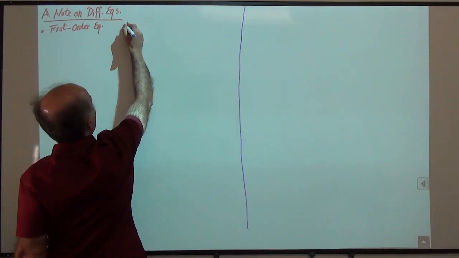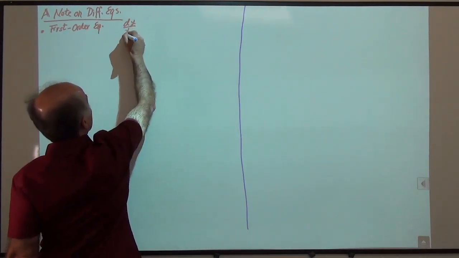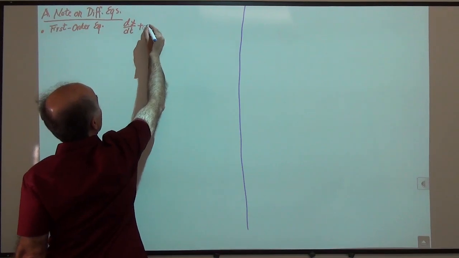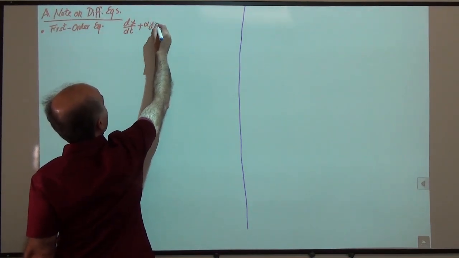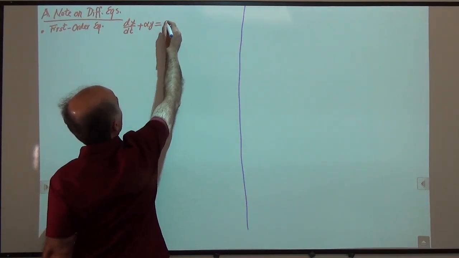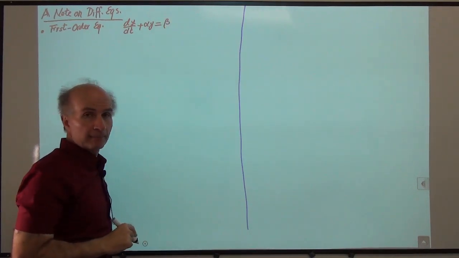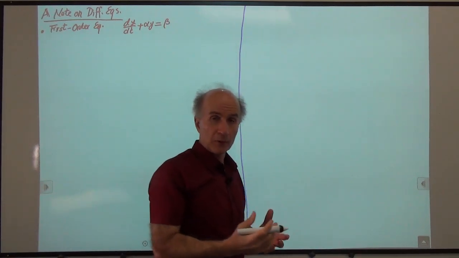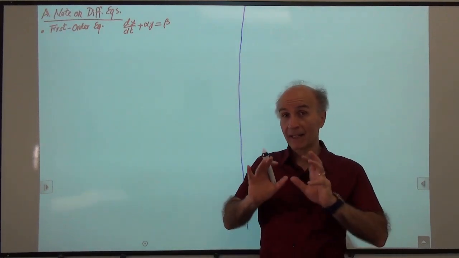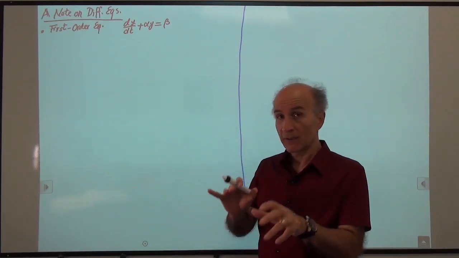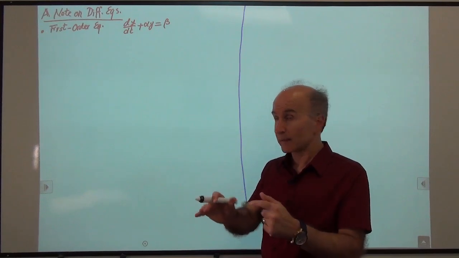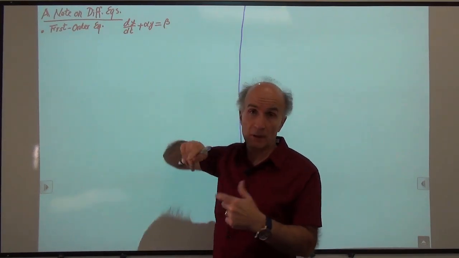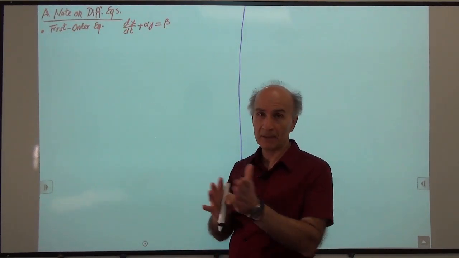So it would be dy over dt plus, let's just call this alpha y, is equal to a constant, maybe beta, right? If we have a first order system and it has an explicit input, for example, a step or a constant value, then this has to be a constant value, right? Past time 0.